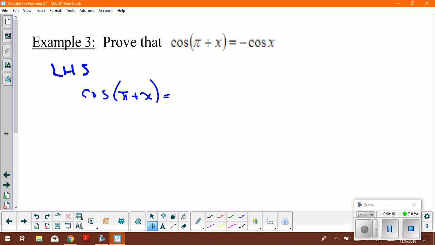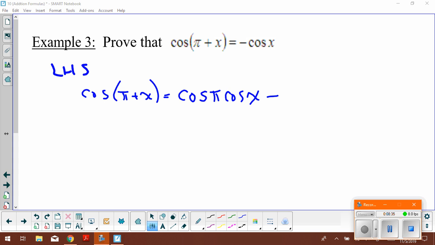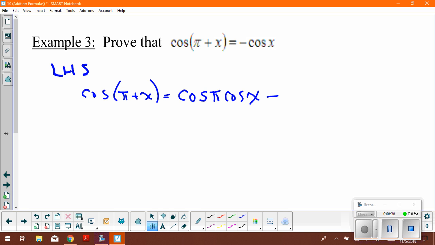Okay, so what was our rule for cosine when you're adding two angles? Okay, this was cos of the first angle times cos of the second angle. Okay, subtract sine of the first angle times sine of the second angle. Okay, so again, it's just expanding out the formula.